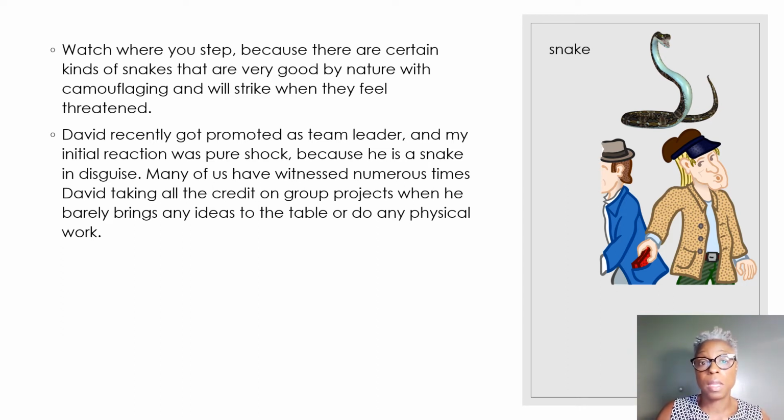I know this because of clues such as watch where you step, nature, camouflaging, and will strike when felt threatened. I know that the author is referring to a wild animal.